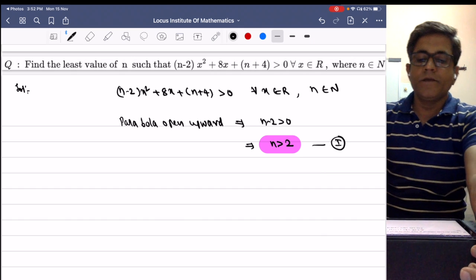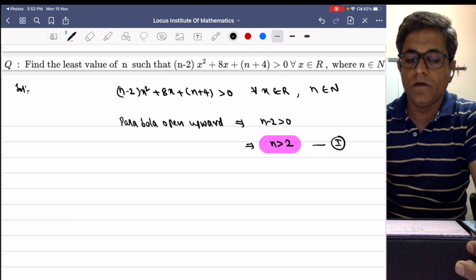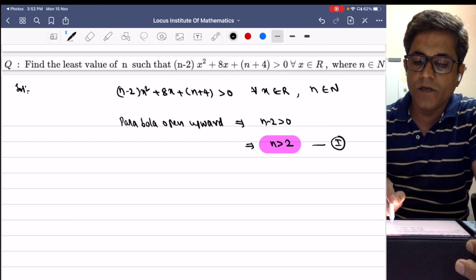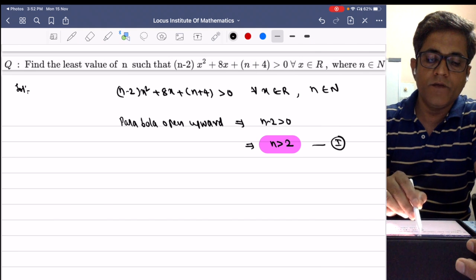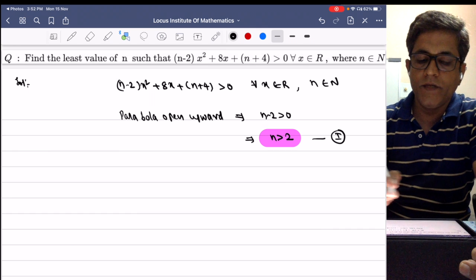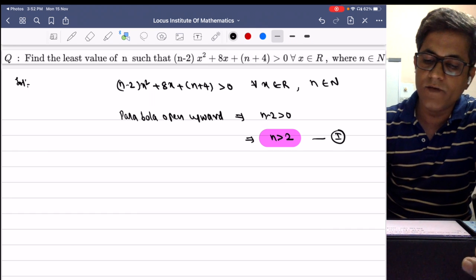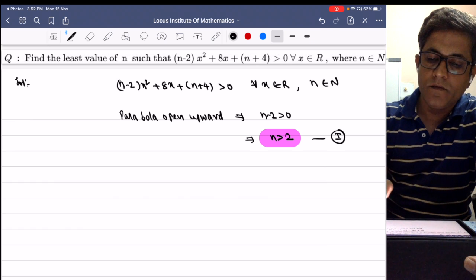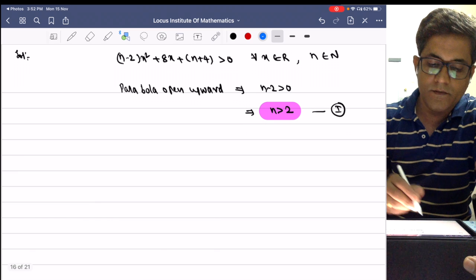Next, the parabola opens upward and it is always positive. Therefore the parabola is completely above the x-axis, because for all real x it is positive.